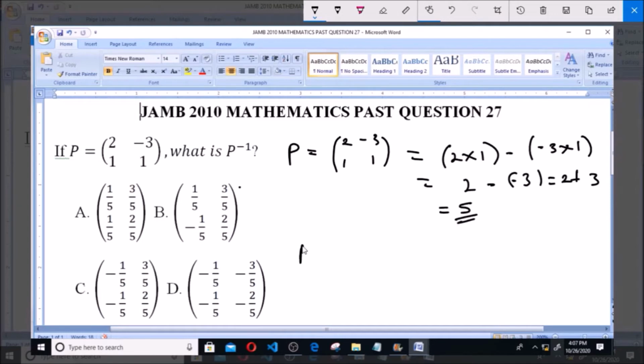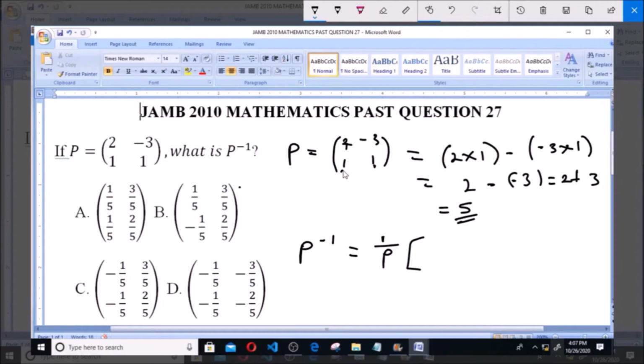Now P raised to the power of minus 1 will be equal to 1 all over the determinant, which we've gotten, which is 1 over 5. Now there's a law. Whenever you have the inverse of a matrix, something happens. The first thing that happens is that this here and this here will change position, and then this and this will change sign.